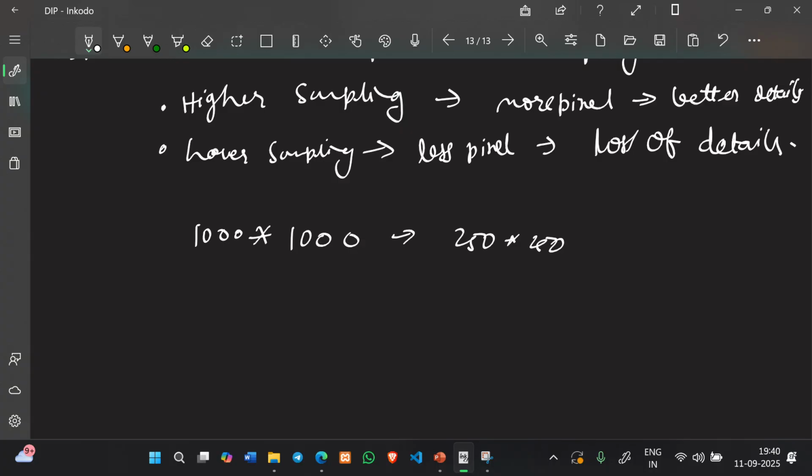Let's move further to image quantization. Till now we have talked about sampling, so now it is time to talk about image quantization.